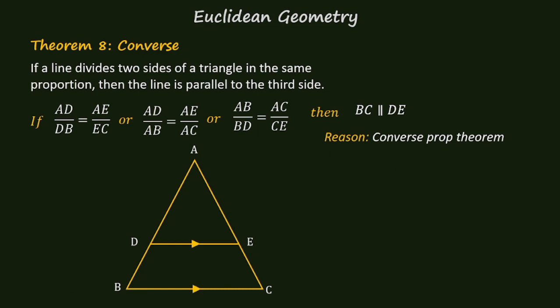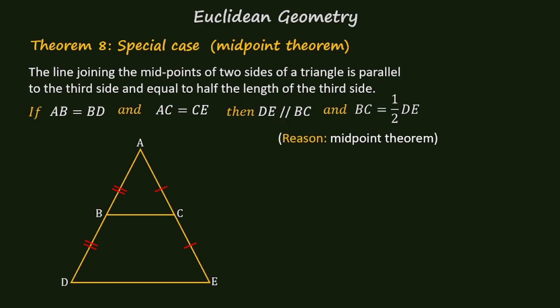The special case of this theorem is the midpoint theorem. The midpoint theorem was covered in grade 10. The midpoint theorem says the line joining the midpoints of two sides of a triangle is parallel to the third side and equal to half the length of the third side.